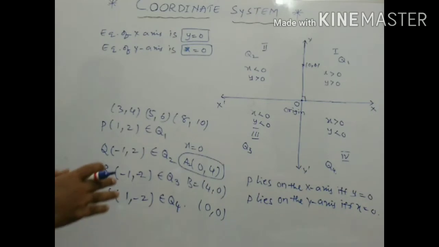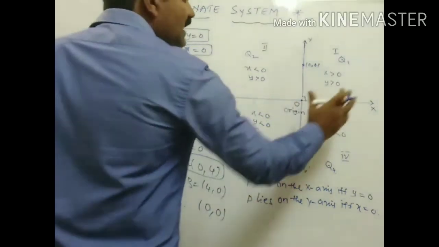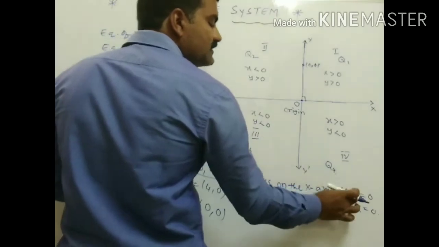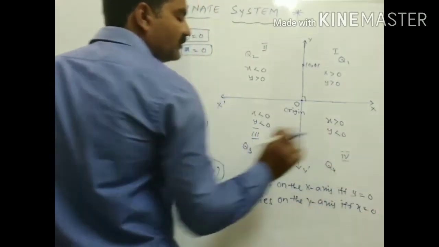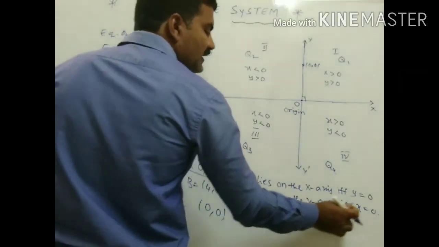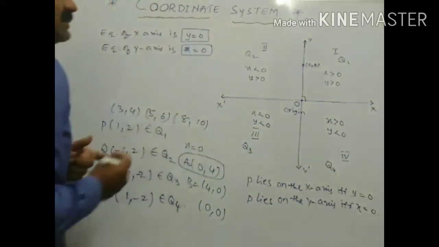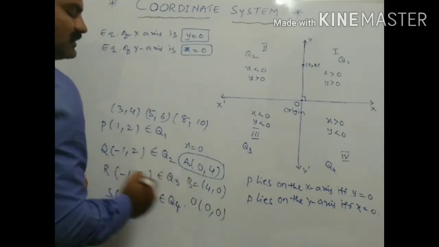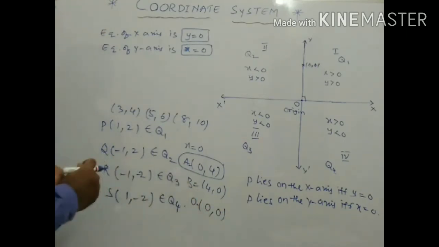Please remember that if any point lies on the x-axis, its y coordinate must be 0. Similarly, if any point lies on the y-axis, its x coordinate must be 0. If both coordinates are zero, it denotes the origin.